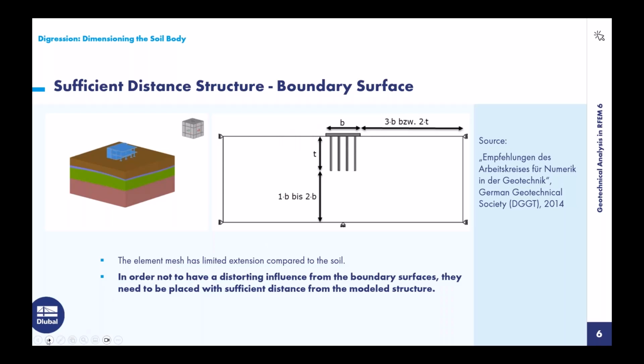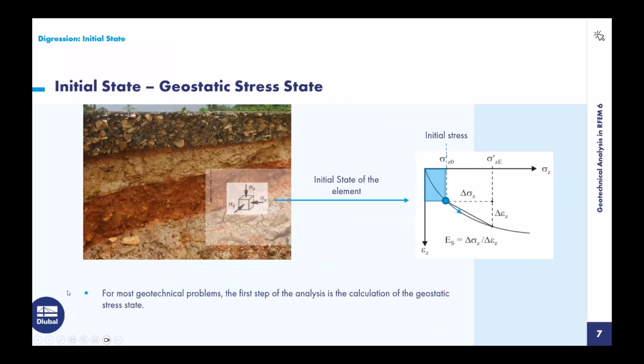Okay, then we can come to the third and last short theoretical slide, the geostatic stress state, or the initial state. As I said, we have this stress dependency of stiffness in soil behavior. So if you want to analyze your building with the right stiffness, you need to know the stress state your soil is in.